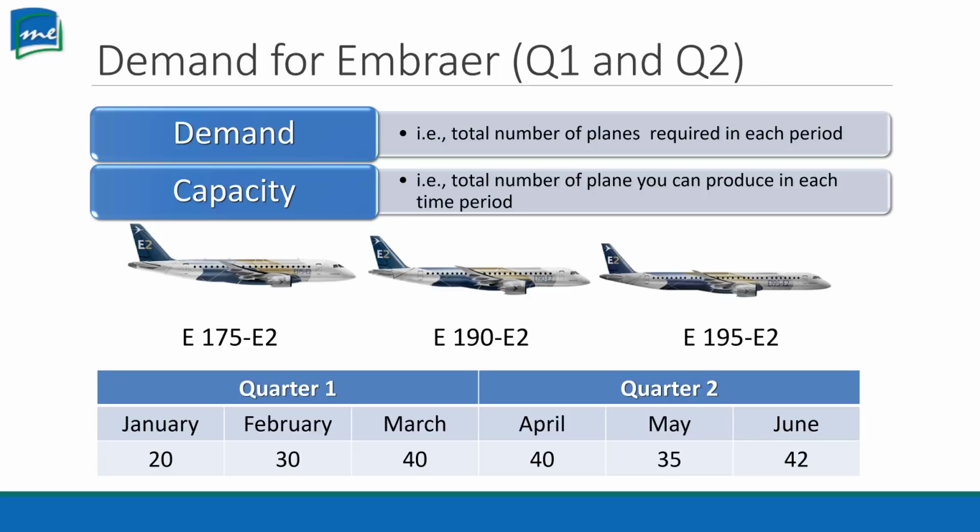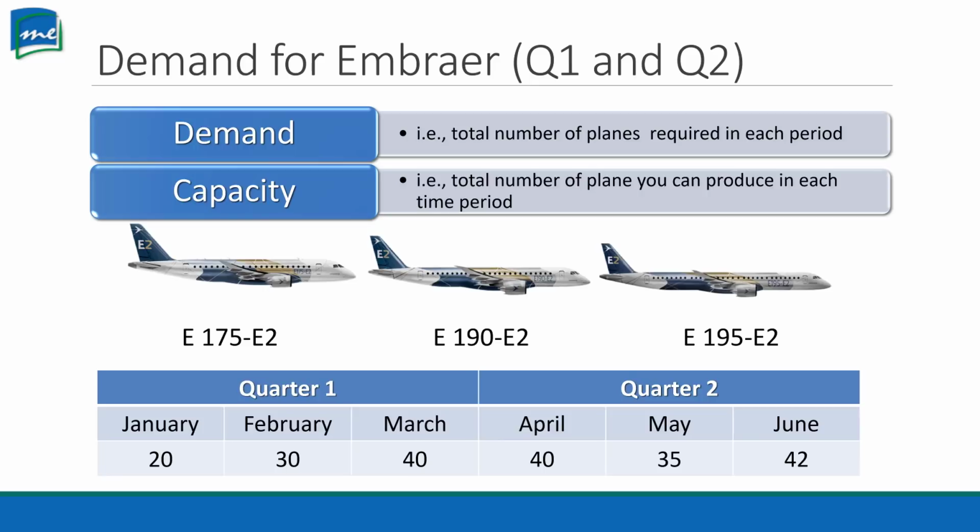It doesn't say if this is demand or capacity, but we need to see if our capacity matches what our demand is. It's okay if our capacity is higher than demand, because that means we can take more demand than we initially thought. But we can't increase capacity to meet demand, because that's capacity. That's the total number we can produce in a time period. So we need to look into that.